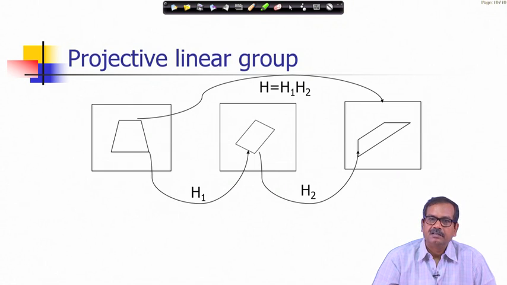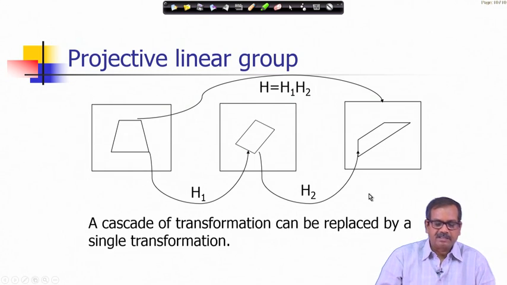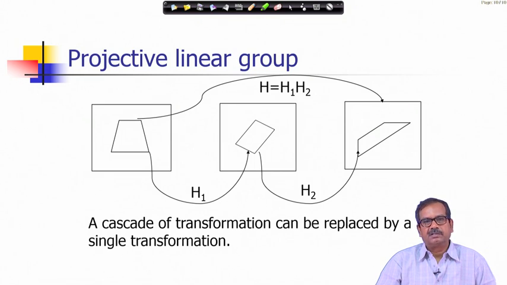This property holds because of the projective linear group. It means that a cascade of transformations can be replaced by a single transformation. That is one of the implications of this property.